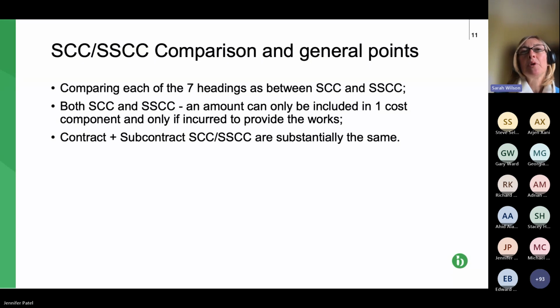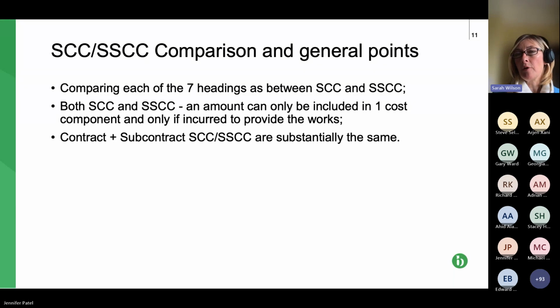And the middle bullet point, it's one of these checks and balances. What both the schedule and the shorter schedule say is that you can only include an amount once when you're claiming. So the example that I like to use here is that you might be claiming for a crane.